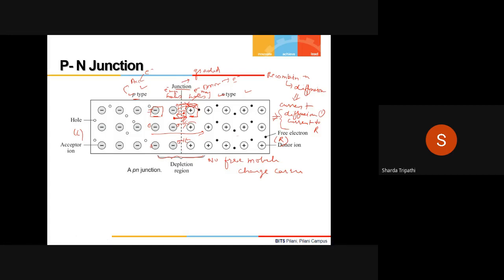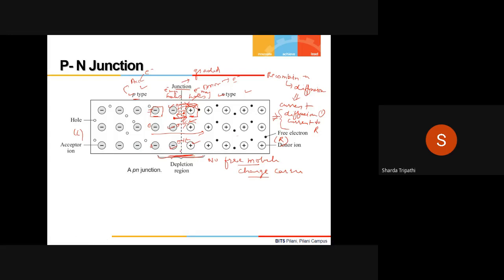Now, the next thing we said is that because of the process of recombination happening in this depletion region, holes will recombine with electrons, and in the vicinity of this depletion region, there will be no free mobile charge carriers. There will only be positively and negatively charged ions, because all the majority carriers have crossed the junction and eventually recombined.